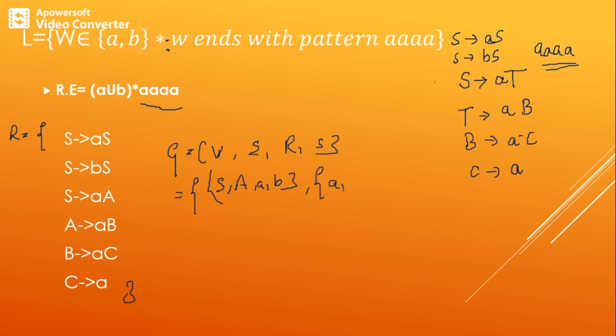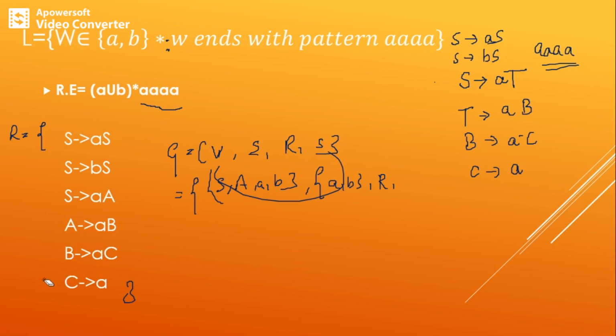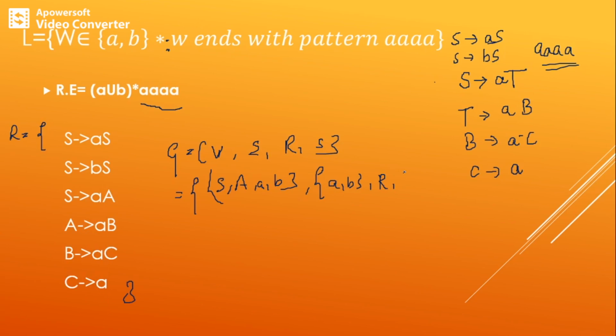Then sigma is nothing but A comma B. R we know is all this set of rules that makes a grammar. Next, the starting symbol, the starting non-terminal, is S. So this is about the regular grammar.